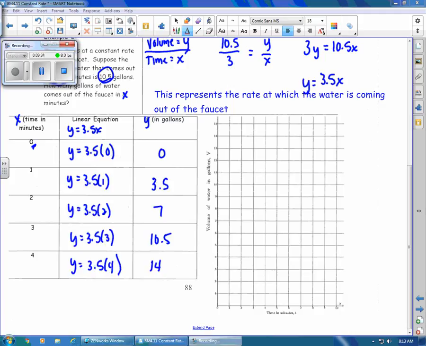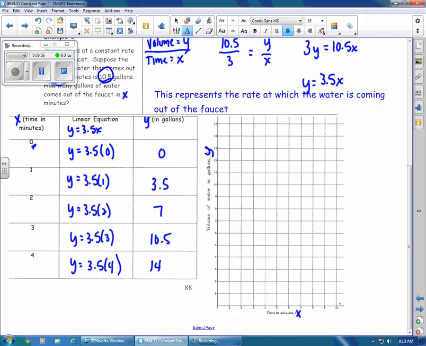Okay, go ahead and check your table. Make sure your values match mine. And if your values match mine, you can pause the video again and go ahead and work on graphing your results.